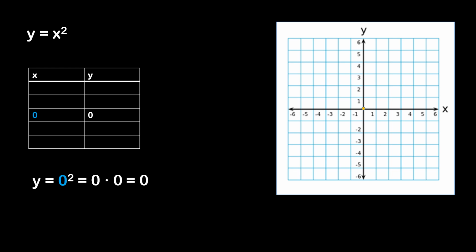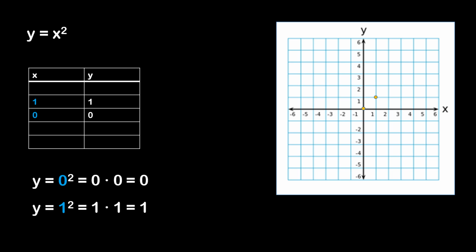Okay, we'll try x is equal to 1 for our next point. So if I plug in x is equal to 1 into the equation, I'll have y is equal to 1 squared. And 1 squared is 1 times 1, or 1. So we have that for x is equal to 1, y is equal to 1. And again, we'll plot that point.